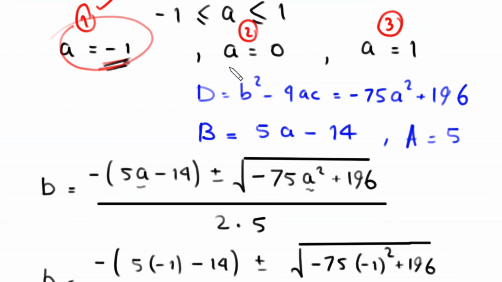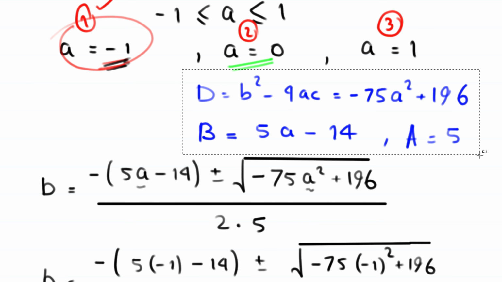In case 2 we have a is 0 and we copy this information. Discriminant is equal to negative 75a squared plus 196, b is 5a minus 14 and a is 5.